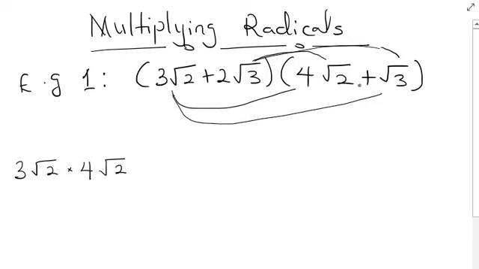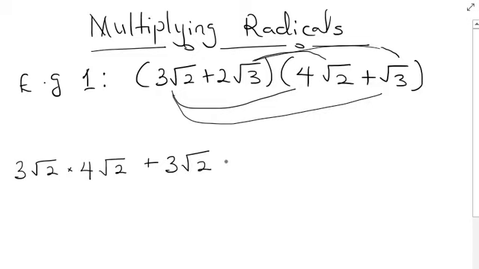Then we have a plus sign, or the plus sign in front of this 3 root 2, sorry. So plus 3 root 2 multiplied by root 3.